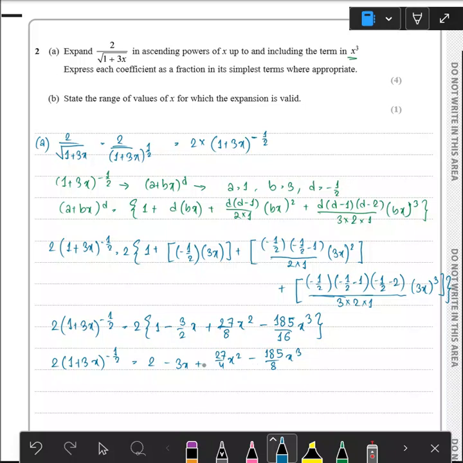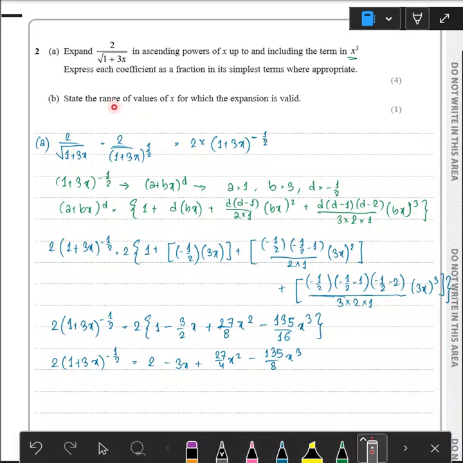Okay, so this is 135, not 185, my mistake. This is 135. So it's 135 x cubed. So this is the answer for part A of this question.